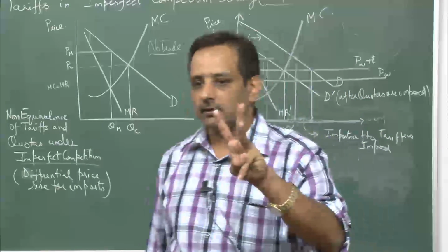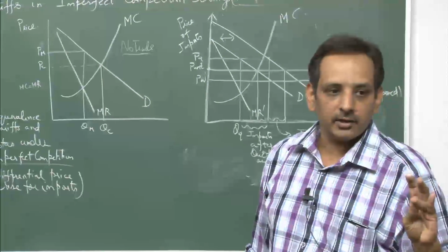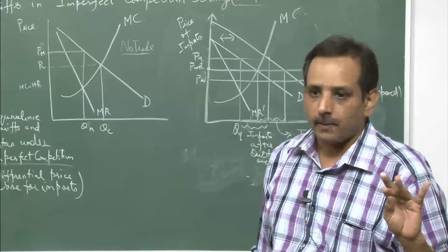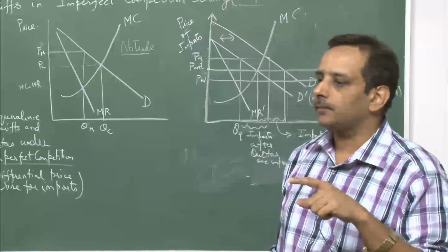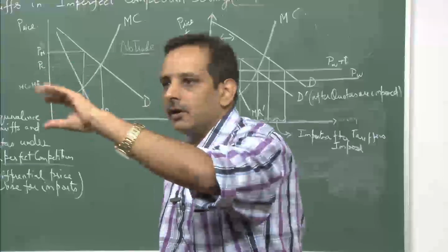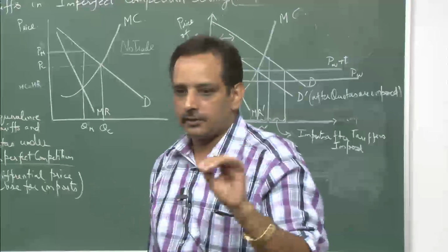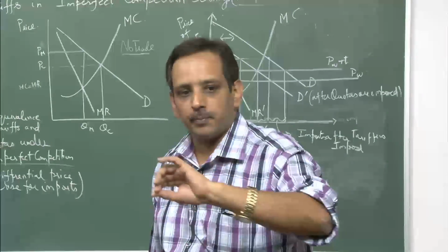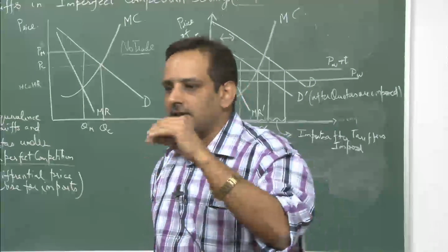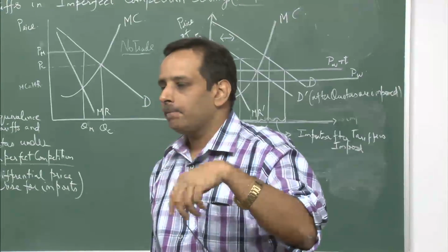So there are three things which have been abolished: VERs, quotas, and export subsidies. Why I am saying this? Because it looks as if from outside that WTO comes out with a rule saying this has to be dismantled, this has to be put in, this has to be put out. Whatever they say, there is a theoretical reason behind it, right?